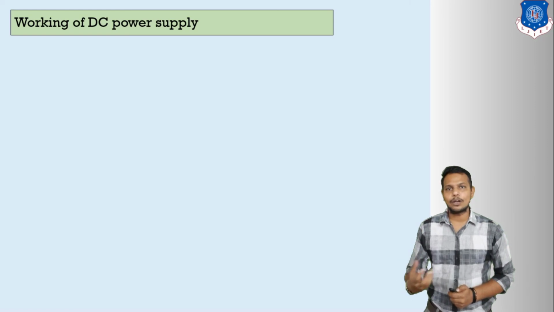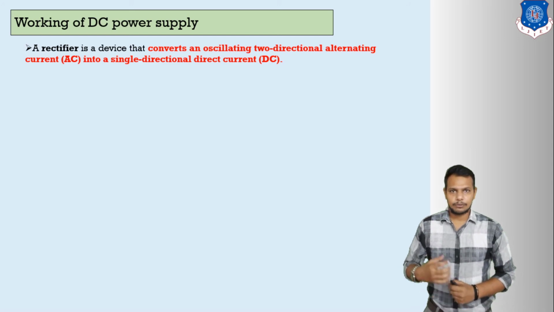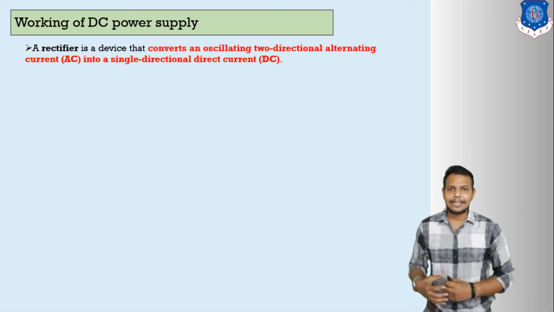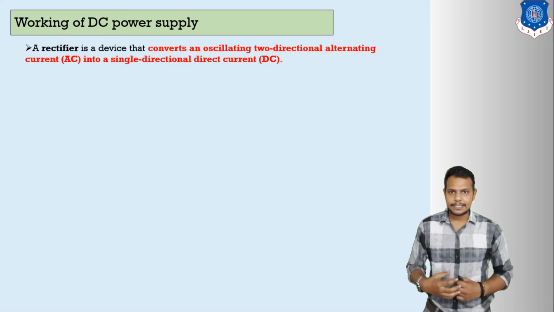Now next, working of DC power supply. First is the rectifier. The rectifier converts oscillating, two-directional alternating current AC into single directional direct current DC. In short, it converts AC to DC, and is known as a rectifier.